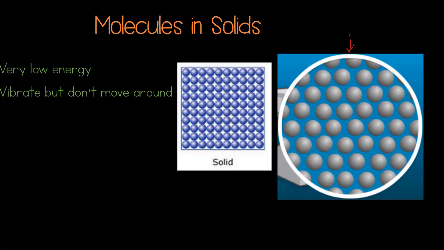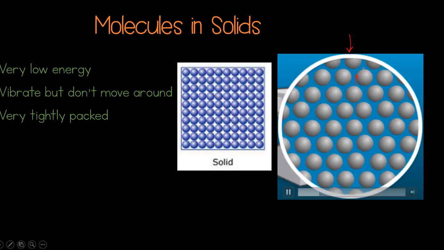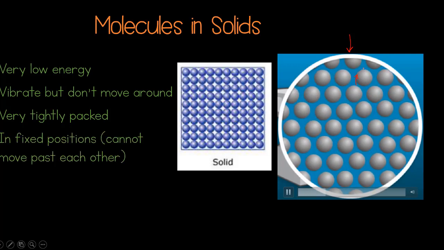The molecules in solids, because of their low energy, are packed really tightly together. And that means that they don't have room to move past each other. They're kind of stuck there. They can't move past each other, so they stay in fixed positions. They're vibrating, but they're not moving around.